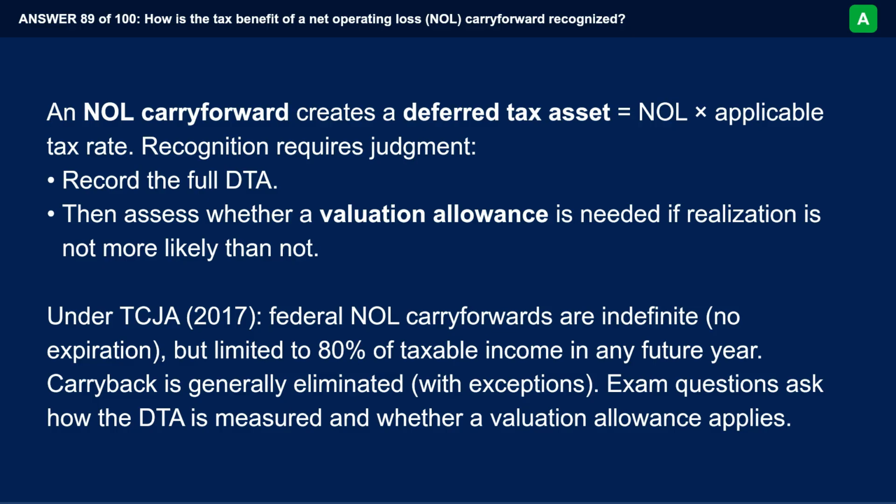Under the TCJA 2017, federal NOL carry-forwards are indefinite, no expiration, but limited to 80% of taxable income in any future year. Carryback is generally eliminated, with exceptions. Exam questions ask how the DTA is measured and whether a valuation allowance applies.